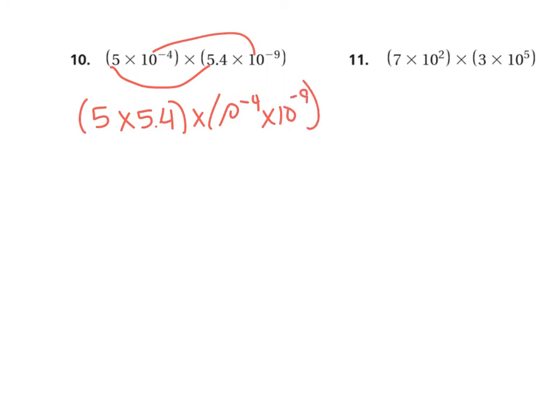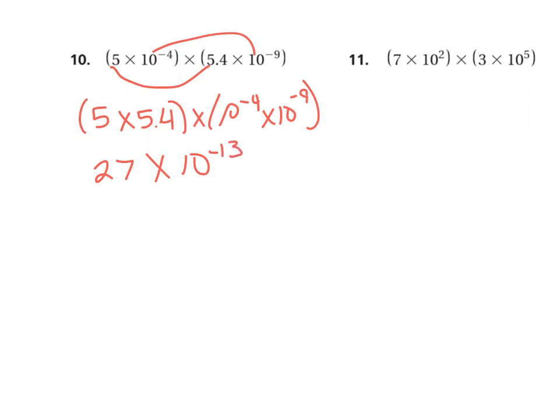So you're going to go 5 times 5.4, and you're going to get 27 times 10 to the, we have a negative 4 and a negative 9, so we combine those to get a negative 13.